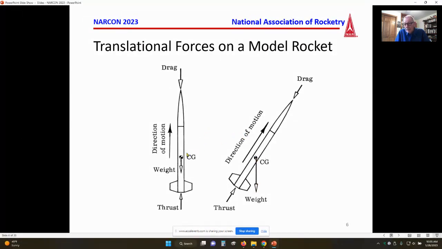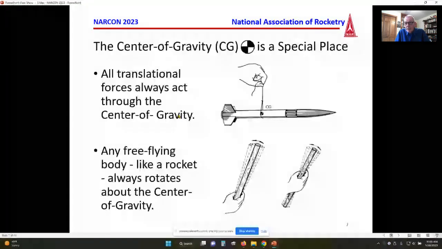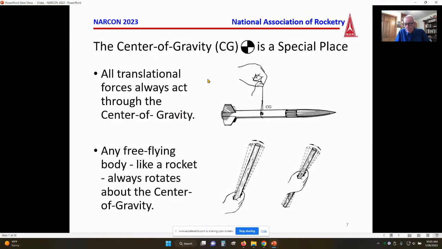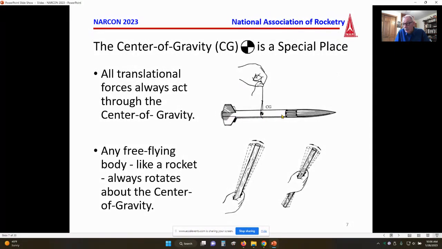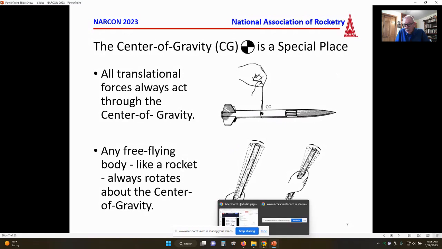The key is that all these forces act through the center of gravity. The center of gravity of a rocket is a very key concept for model rocketry. Again, all translational forces act through the center of gravity. And the center of gravity is basically where there is equal mass on both sides of the center of gravity.